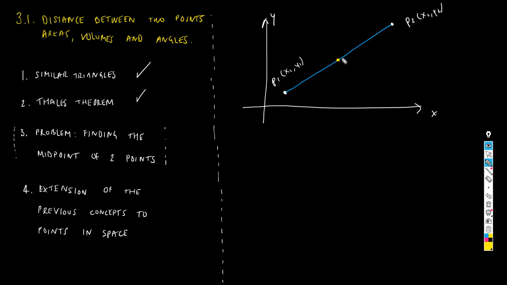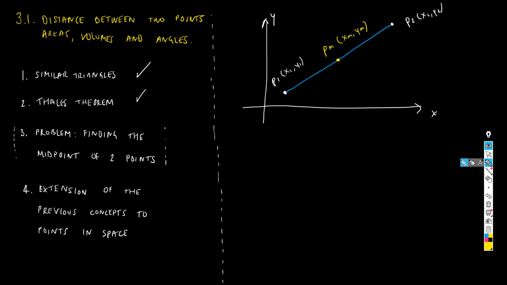More properly speaking, it should be called the midpoint of this segment. Let me call it PM, M for middle point. PM has coordinates xm, ym, and my task is to find these two coordinates, xm and ym, if I know x1, y1, x2, and y2. We are supposed to know these 4 coordinates, and our task is getting to know these 2.